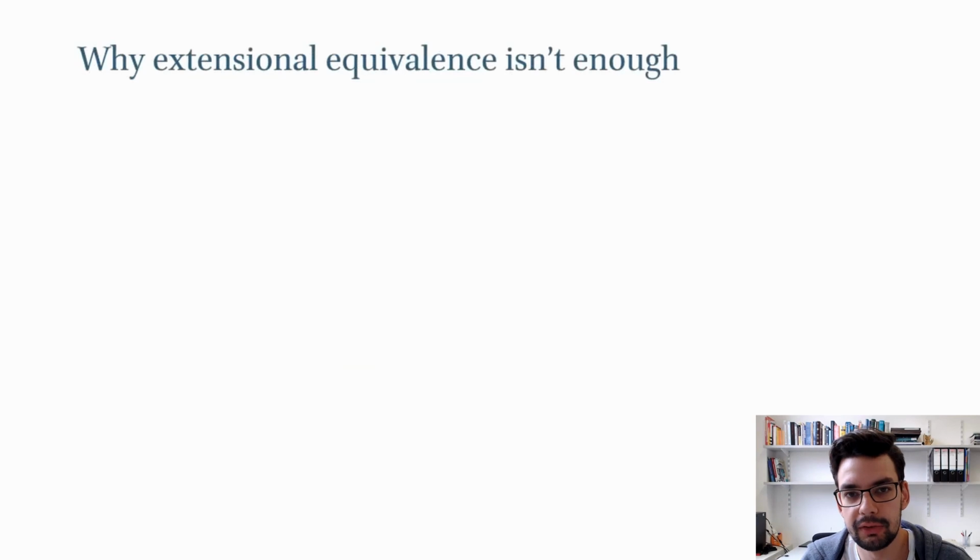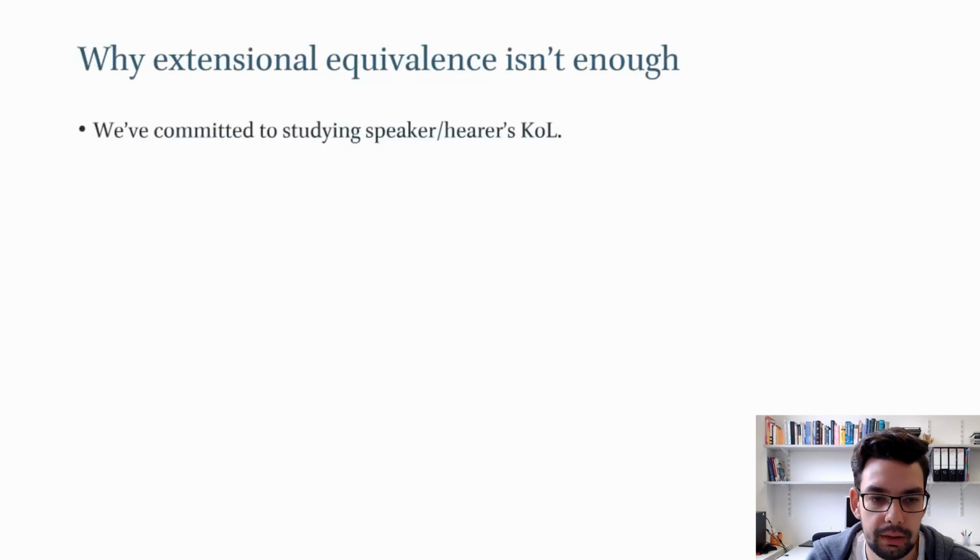So extensional equivalence isn't enough as a goal, right? You might want to say, well, I've given you an explanatory system that gets it right, makes the right predictions about the world. But that's not all we want to do. We've made a commitment to studying a speaker's knowledge of language.